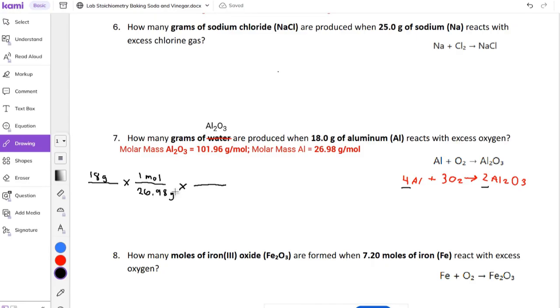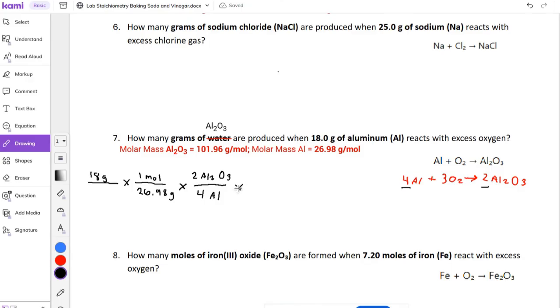So we want to get rid of aluminum, so aluminum and its 4 goes on the bottom. 4Al will go on the bottom. And aluminum oxide and its number 2 in the front will go on the top. So 2 Al2O3. When we do that, that's going to give us how many moles of aluminum oxide.